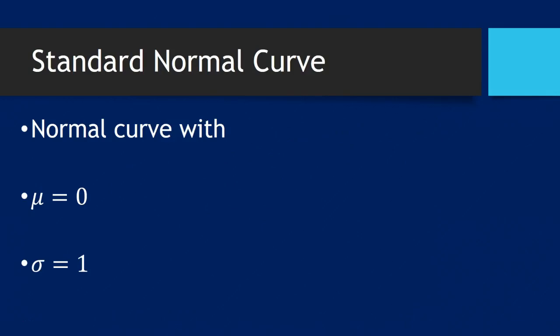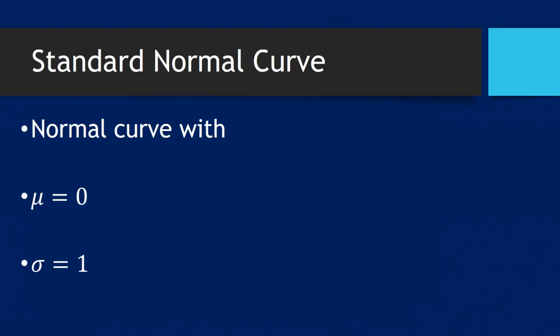So let's start with what's called the standard normal curve. Now, the standard normal curve is the normal curve with average of 0 and standard deviation of 1. Okay, this is sort of like the baseline normal curve.